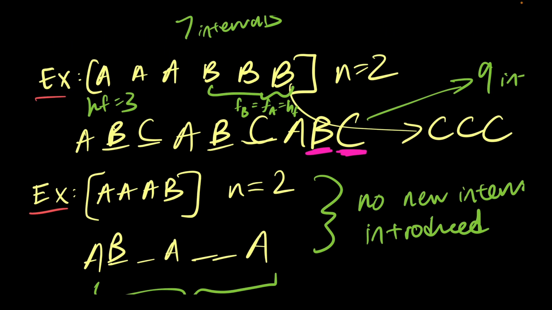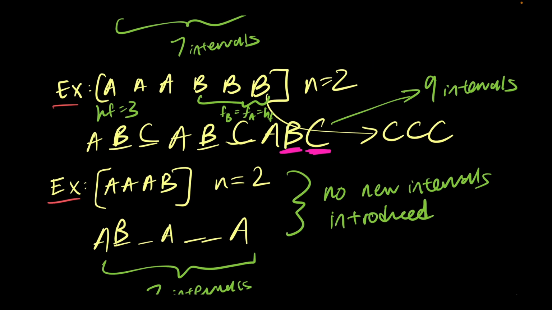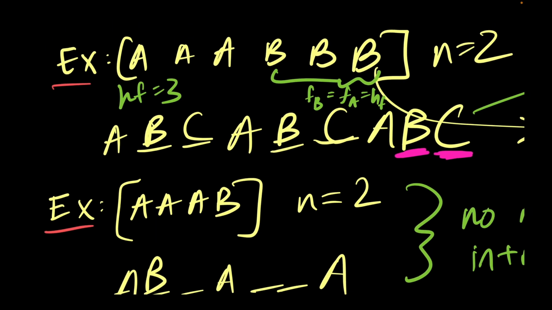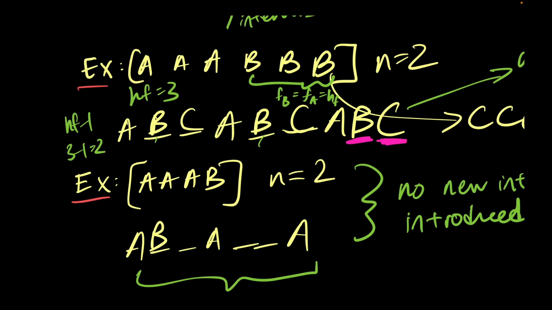This BBB comes in, and what we observed is that it fills in all HF minus 1 segments available for those empty slots, like this one. So there's HF minus 1, so 3 minus 1 equals 2. There's 2 empty slots it filled in, and then it added a new one.